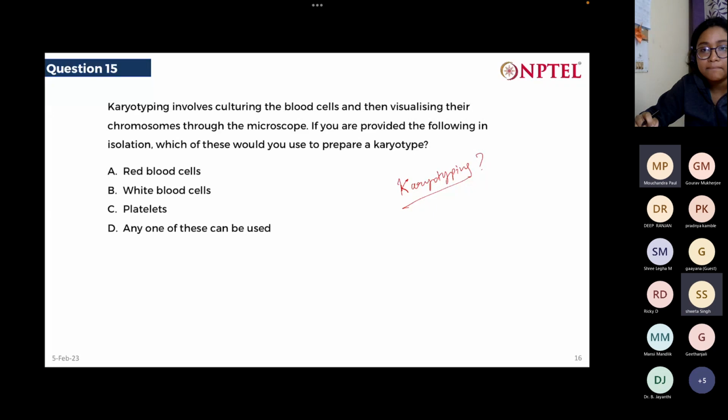They do not contain nucleus. Okay, they do not contain nucleus. Actually, what do you mean by platelets? What are platelets actually? I'm not very much convinced. Saying they do not contain nucleus doesn't give a clear picture. So how is it then different from RBC?